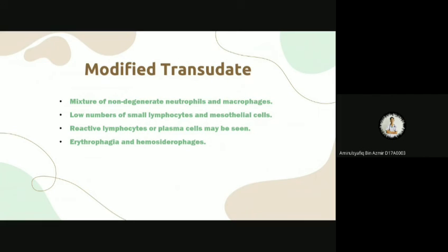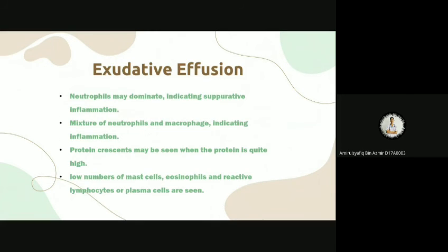For modified transudate, it is almost the same as transudate, but the difference is that modified transudate has higher total protein than transudate, and also has presence of erythrophagia and hemosiderophages. Next is exudative effusion.